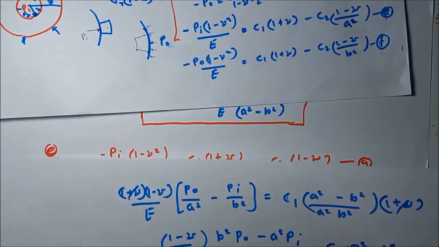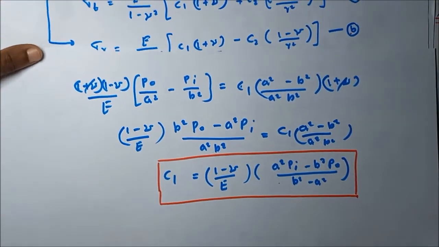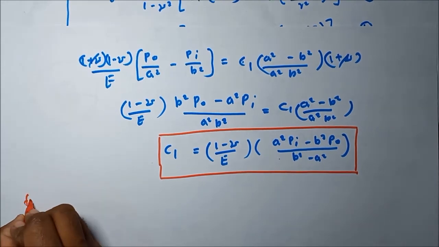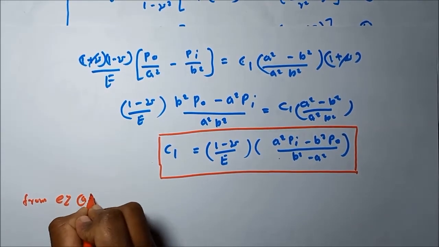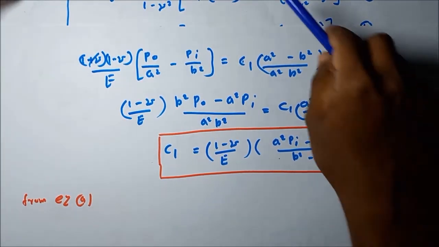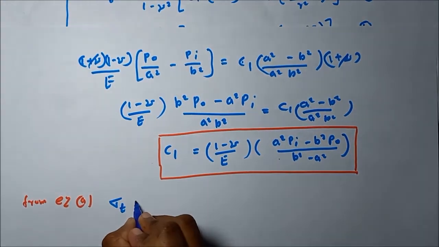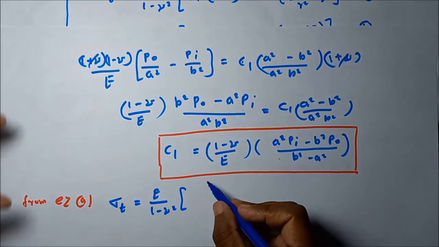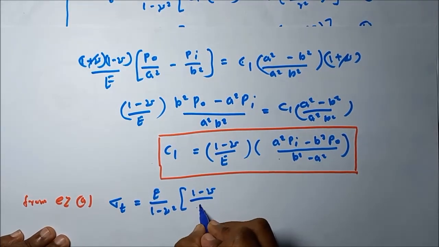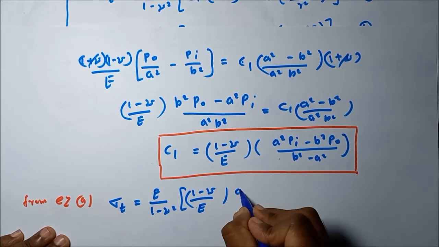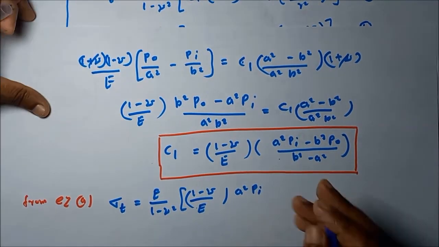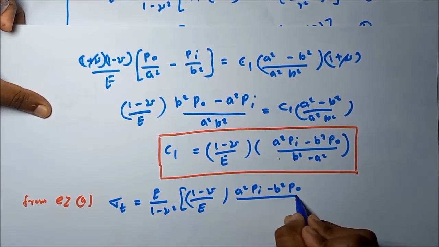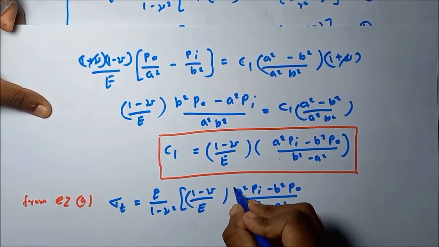Let's take equation a. First of all, I am going to substitute c1 and c2 in equation a. From equation a, sigma t is equal to E over 1 minus nu square. What is c1? c1 is (1 minus nu) divided by E, times (a square pi minus b square po) divided by (b square minus a square).